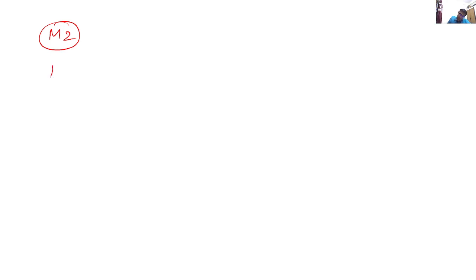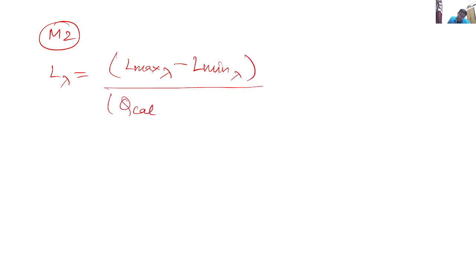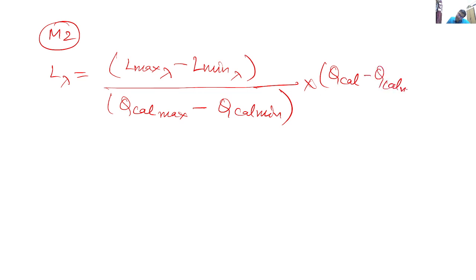In method number 2, the top of the atmosphere spectral radiance is found like this: L max lambda minus L min lambda, divided by Q cal max minus Q cal min, times Q cal minus Q cal min, plus L min lambda. It's very similar to an interpolation technique, by the way. So let me write the meanings.